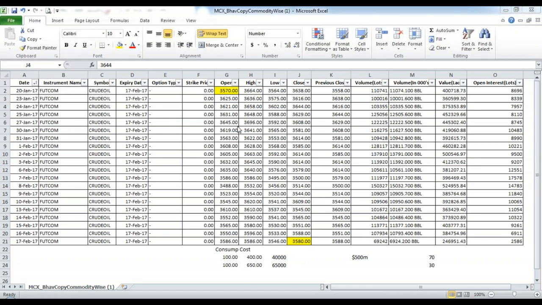Apologies. Okay. So now, when this went and closed above this level, did the open interest reduce or increase? Reduced. Now, if it is reducing, is the selling more or is the buying more? Buying more.